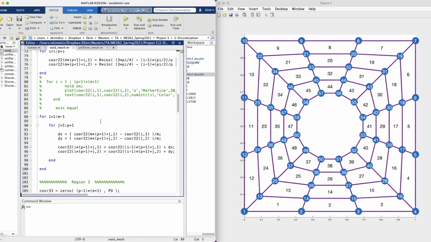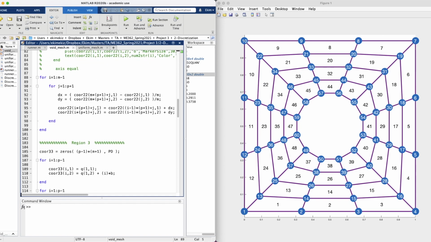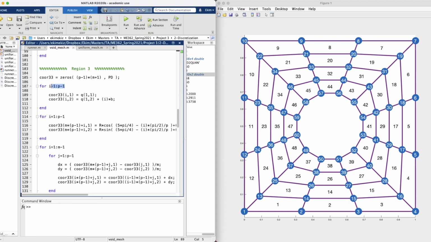So remember, we don't have these diagonal nodes, right? What used to be p plus 1 is now p minus 1. So our for loops are from 1 to p minus 1 because of that.